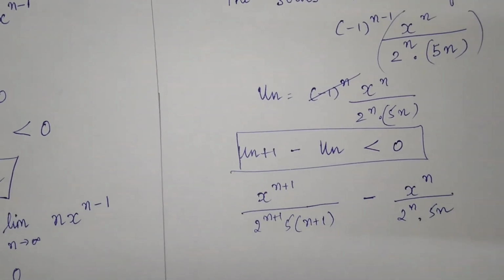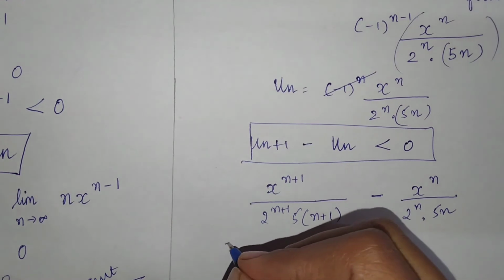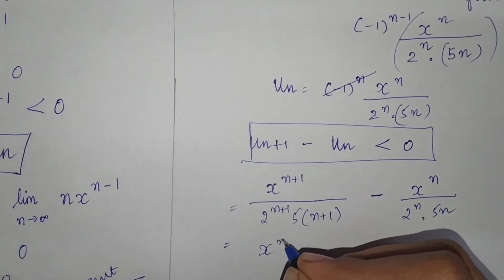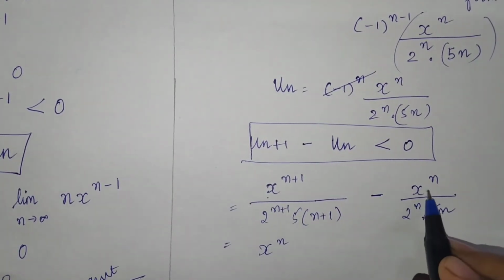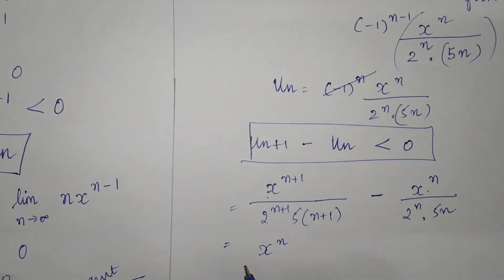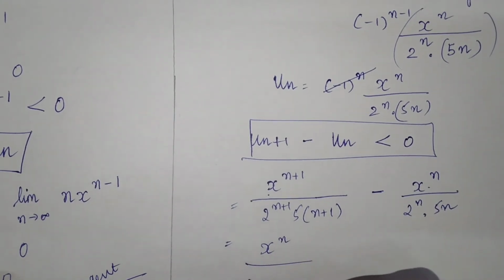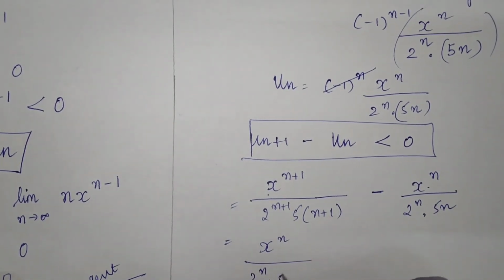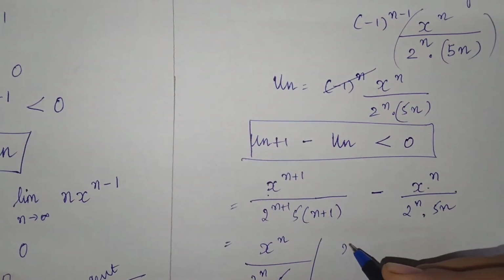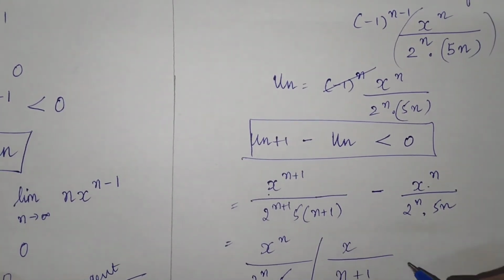Now if I take x raised to n common from the numerator part, and in the denominator part if I take 2 raised to n and 5 common, then I will get like this, x by n plus 1 minus 1 by n.